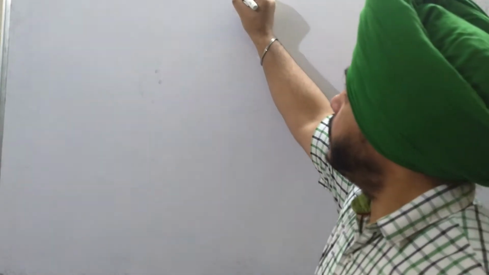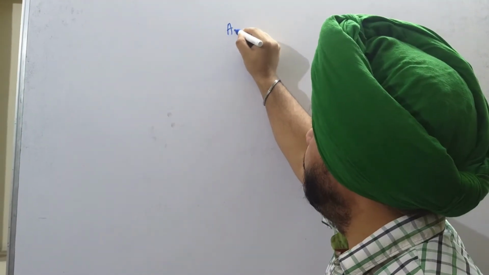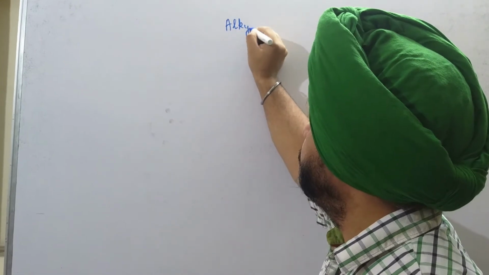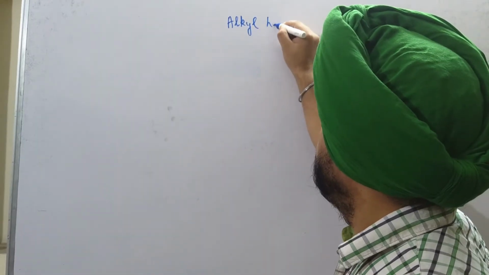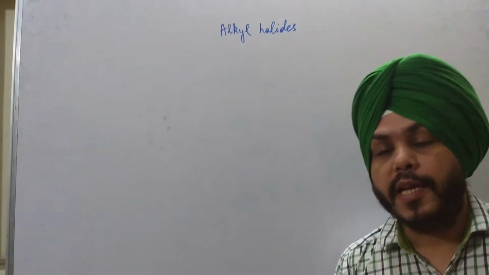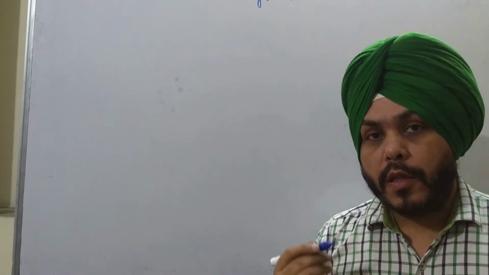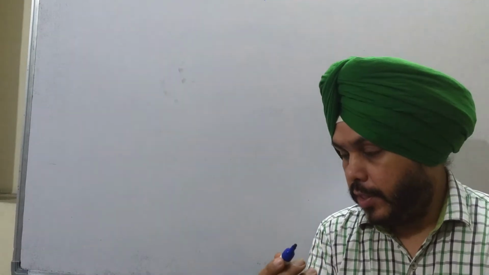Students, today the topic which I am going to teach you is a very basic topic of organic chemistry, and it runs all through organic chemistry. It is about alkyl halides and the reactions they undergo. Alkyl halides undergo three major kinds of reactions.